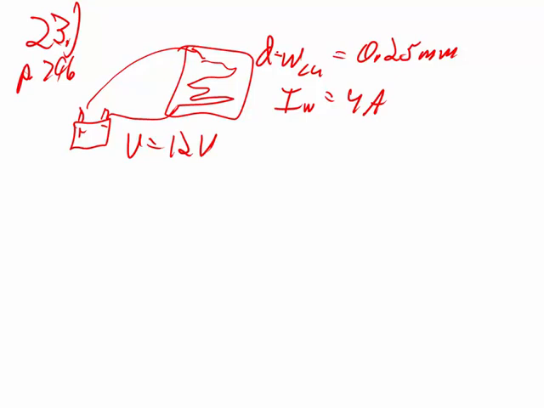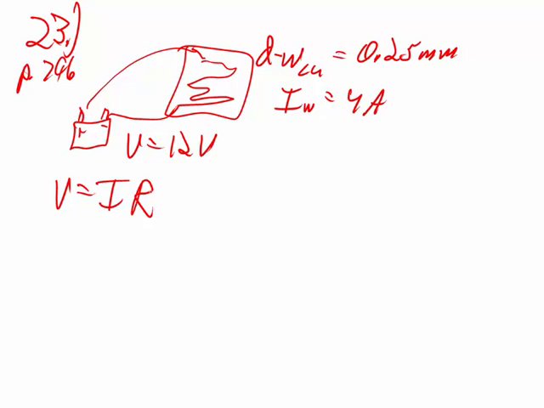Well, we know from Ohm's law that V is equal to IR, and we also know that if we have a material and we want to calculate the resistance in it, these are the equations. Equation 22.7 is the resistivity equation, and 22.8 is Ohm's law.